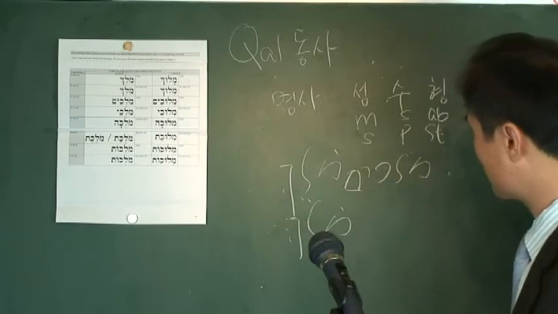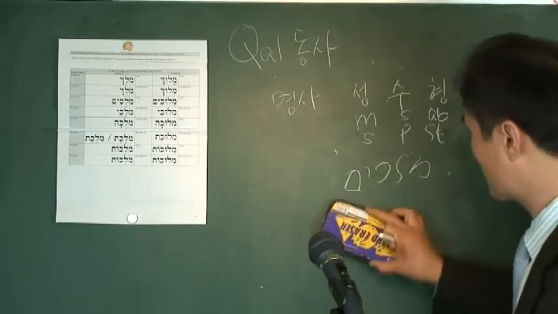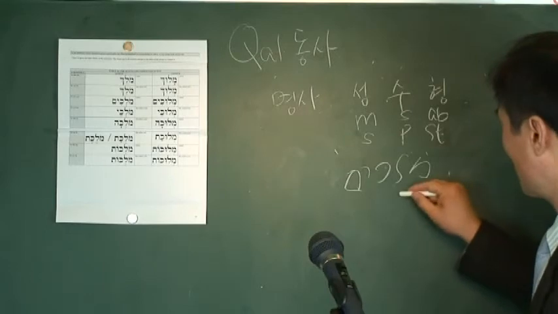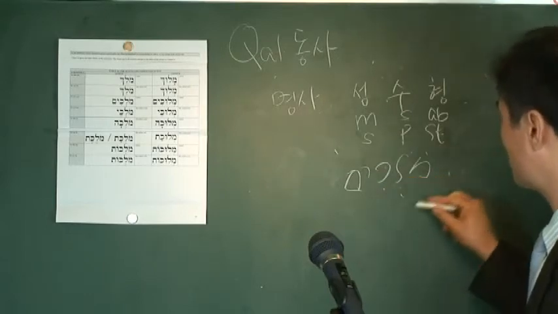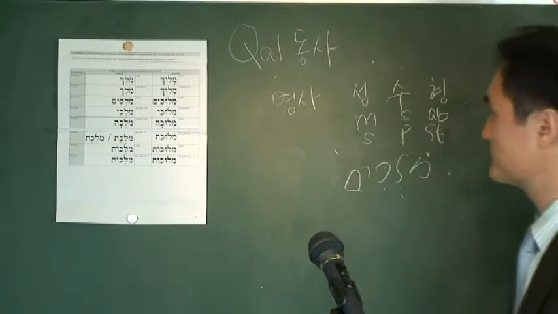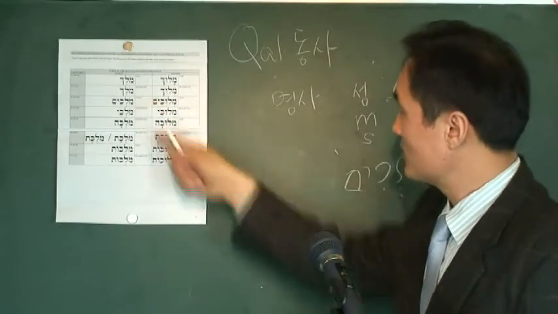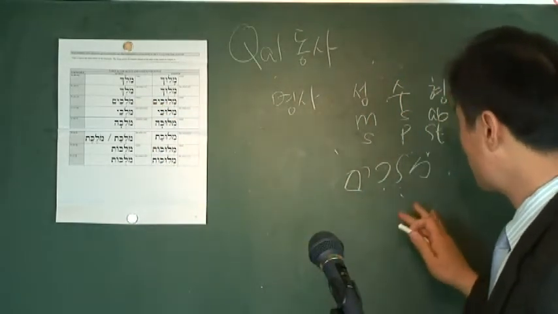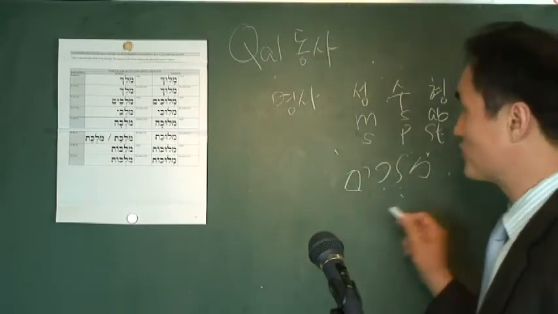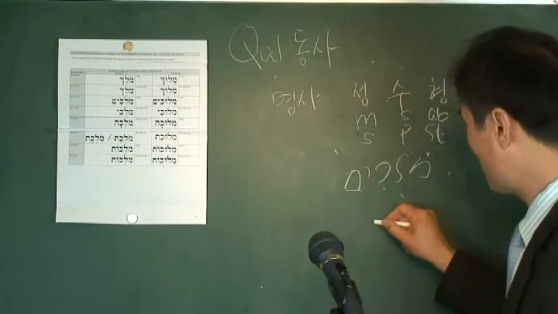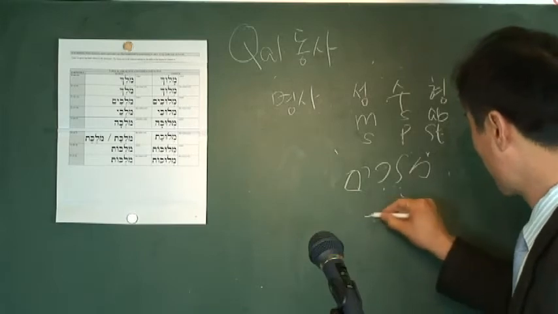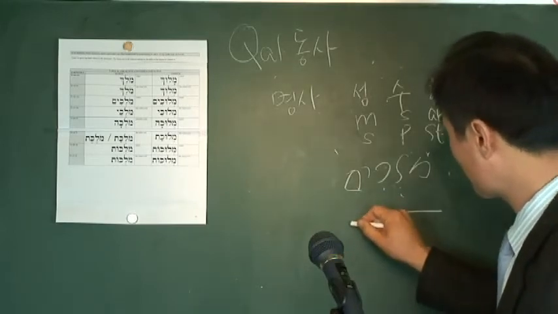The plural ending im would be added to the masculine plural form. Hence, it would be molekim. The construct state of the masculine plural would have the ending e.